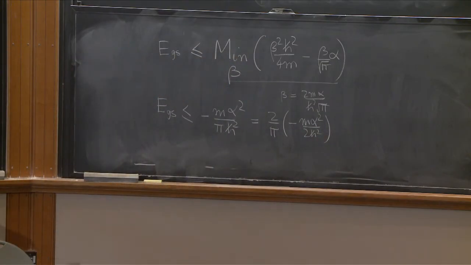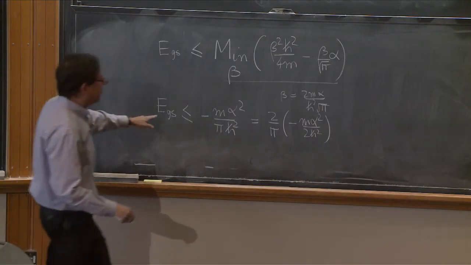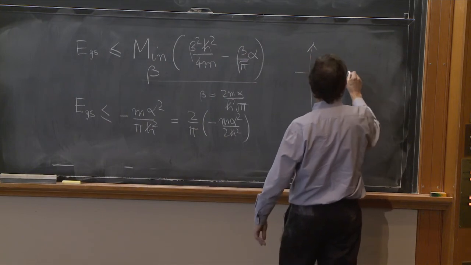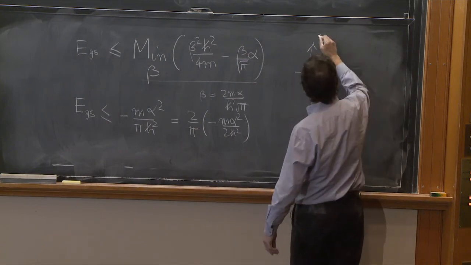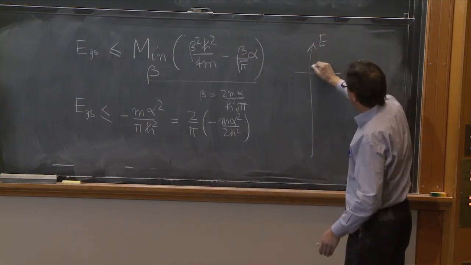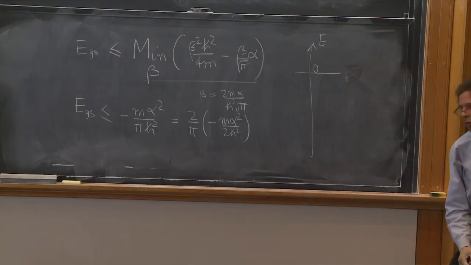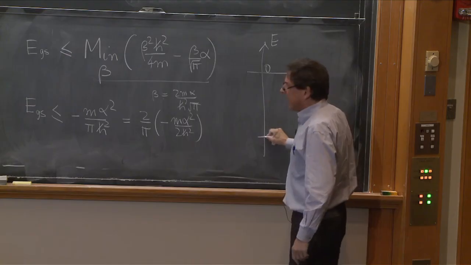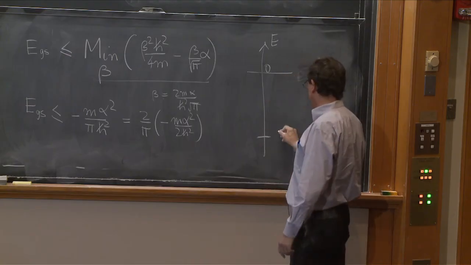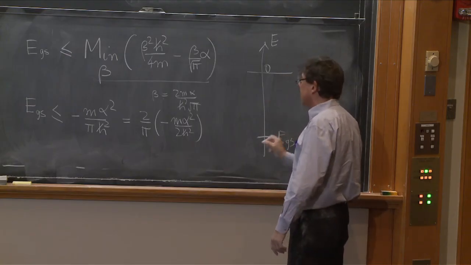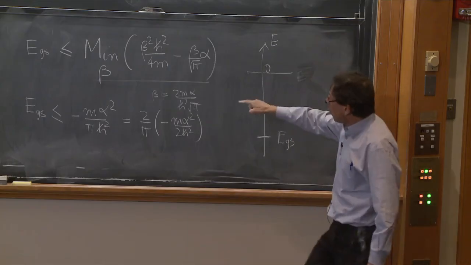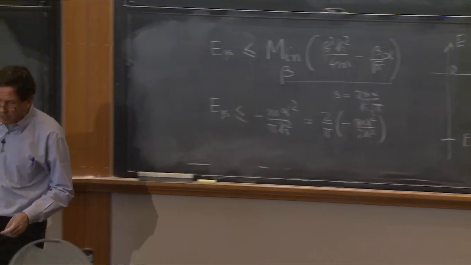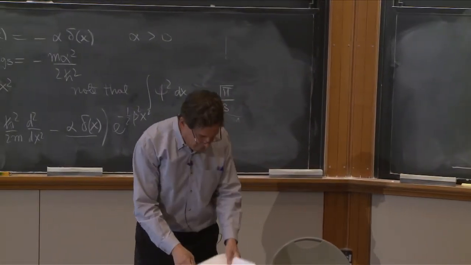So let's just make sure we understand what has happened. Here is the energy. Here is 0. Energy is just a vertical plot. Here is 0. The true ground state energy of this problem is this one, let's call it EGS, is negative. And we got 2 over pi times that. 2 over pi is about 0.64.